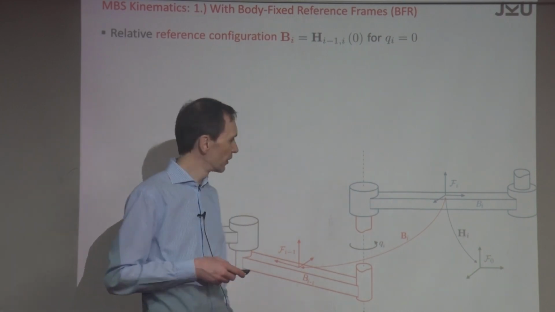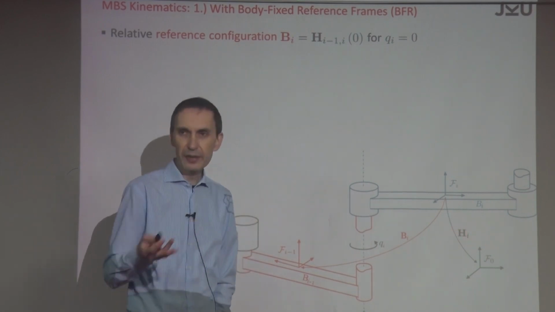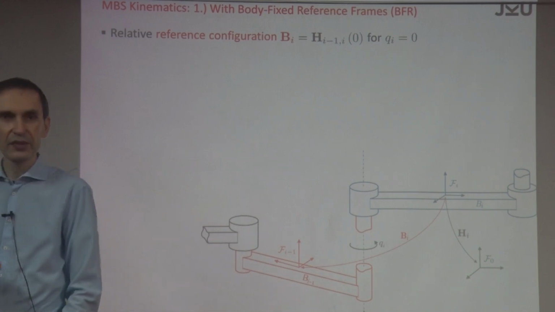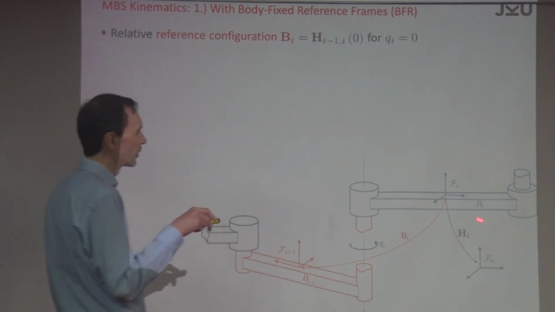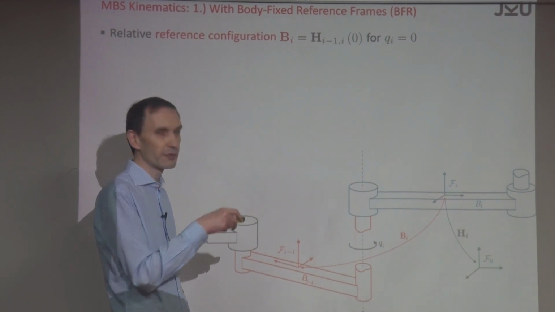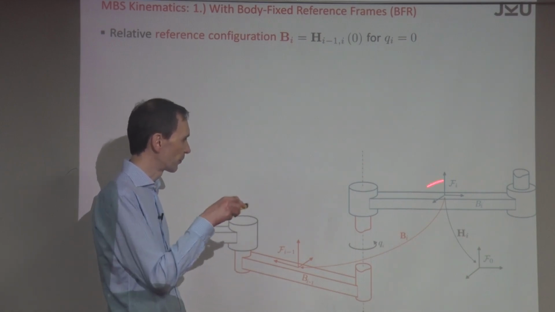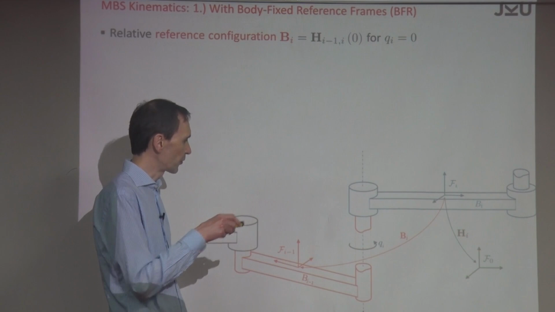I'm interested in the absolute pose, which is Hi, the homogeneous matrix, that tells you how this frame is positioned and oriented relative to the spatial frame, which we call the pose of the body, and this is Hi, as we said.